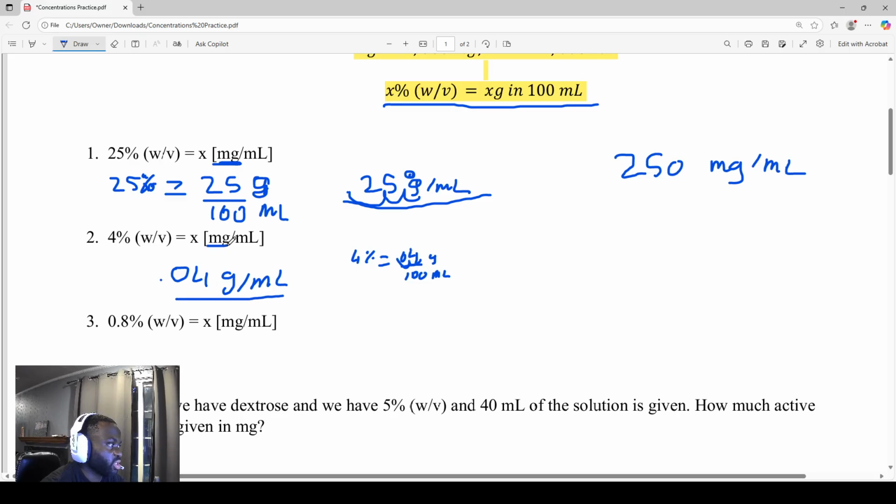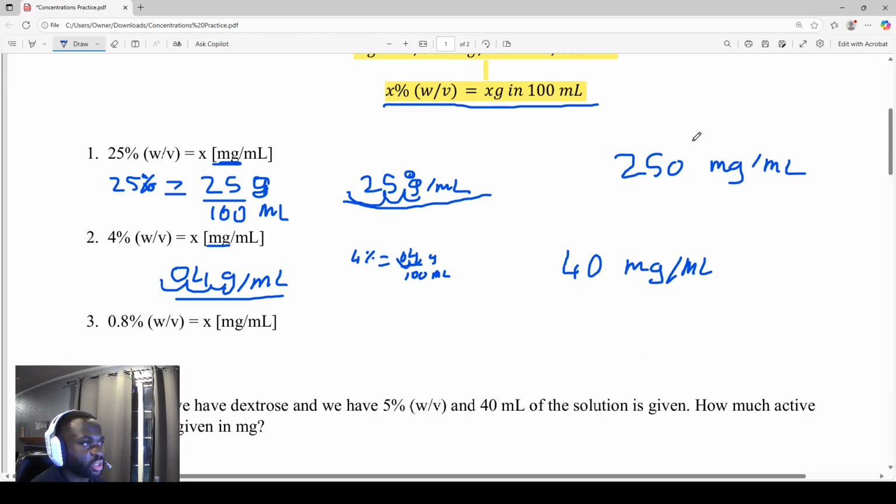But our answer needs to be in milligrams. So we would just need to multiply our value, which is in the form of grams per milliliter, into milligrams, meaning we just move this 1, 2, 3, making our answer 40 milligrams per milliliter.